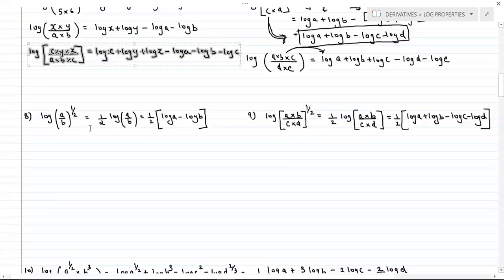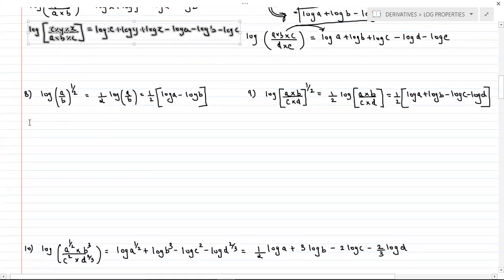Let's move on to property number 8 now. In property number 8, it says log of a upon b raised to 1 by 2. So we'll replace this a and b by some numbers: 3 upon 4 raised to 1 by 2. Can I say this looks like log a raised to m?